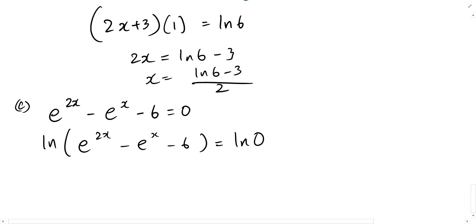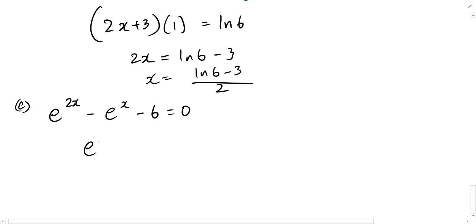Yeah. Does it help you? Then you can just do quadratic equation of this. Huh? Move 6 to the other side. Okay. Can you take your calculator and press ln 0? Cannot. Okay, so this is not going to help us at all.